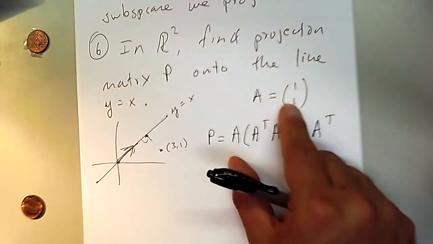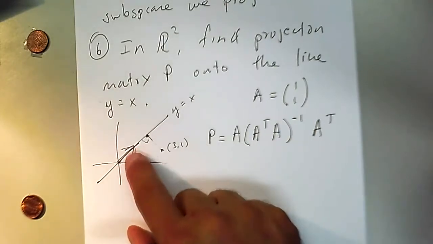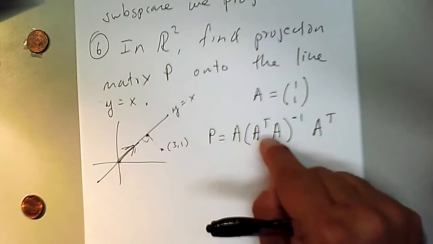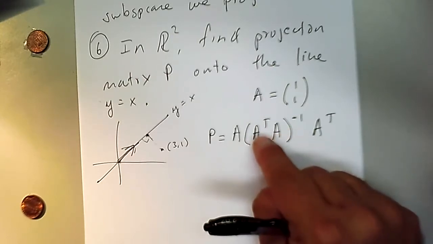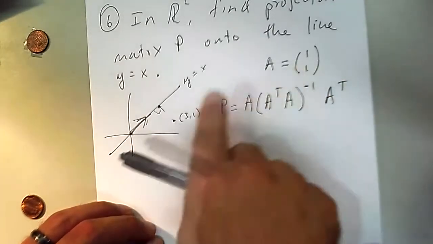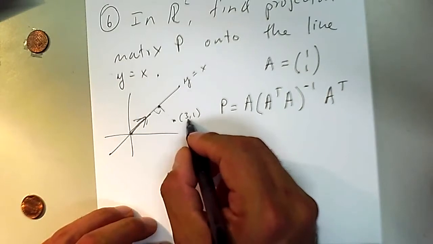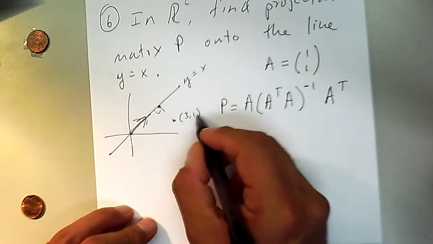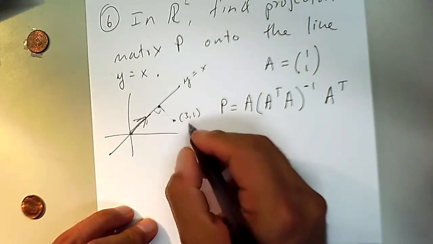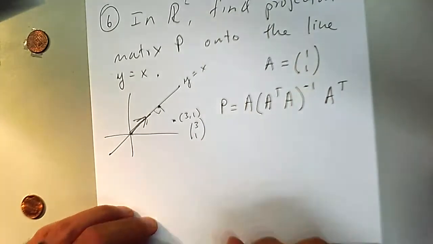So A is a single column matrix. That one. Okay. So we're going to figure out the transpose. So the transpose is, of course, this matrix written horizontally. By the way, by habit, I'm writing this horizontally, but it should be a vertical vector, 3, 1, just like that one.